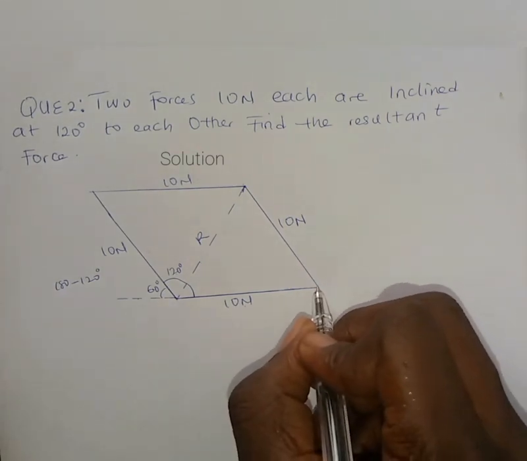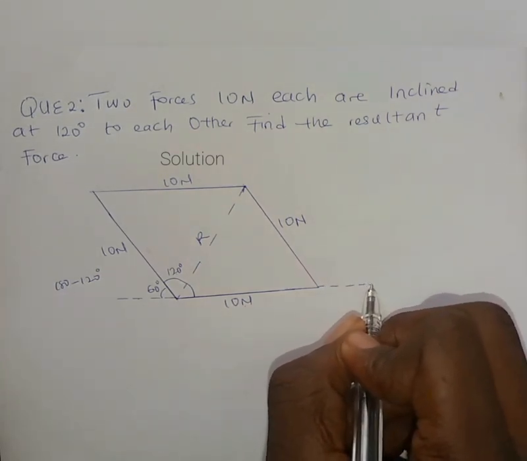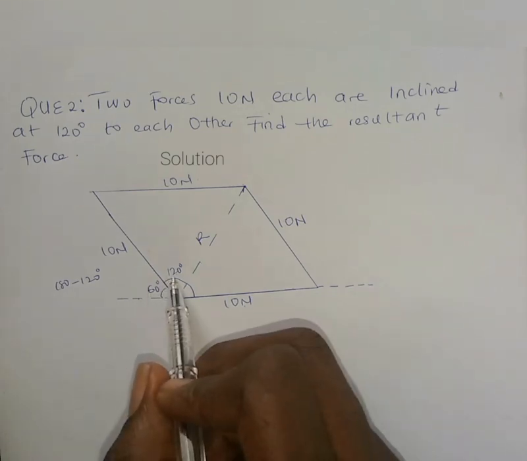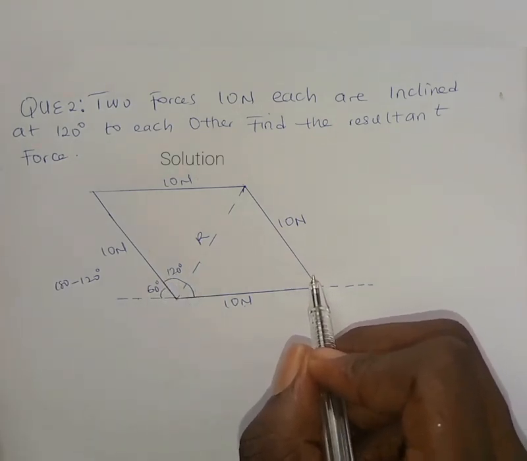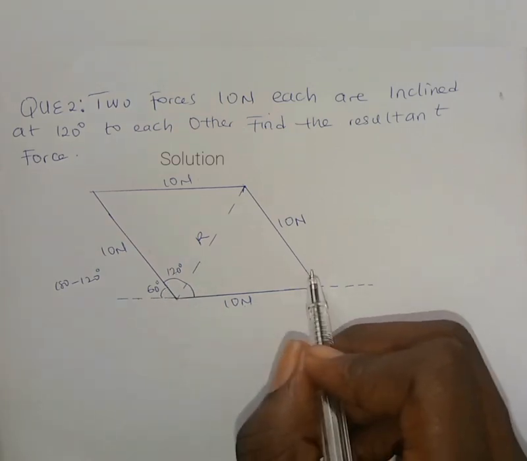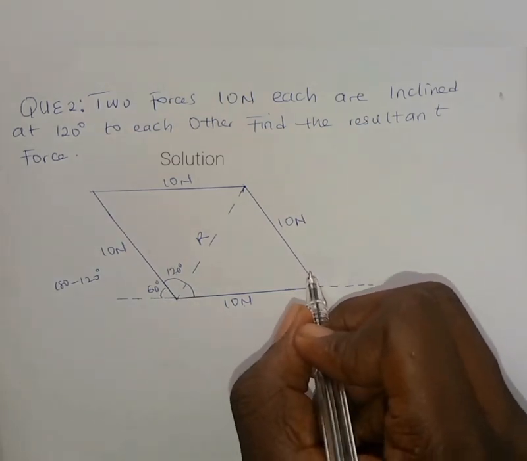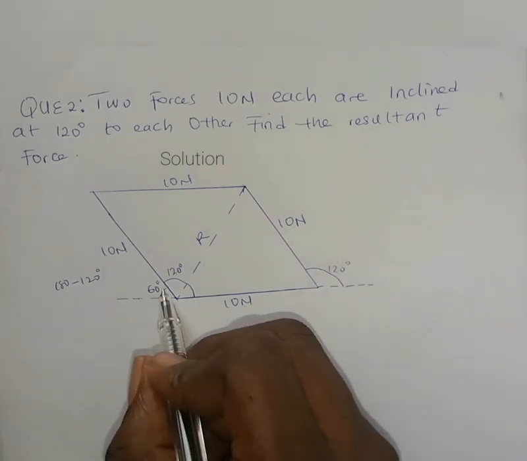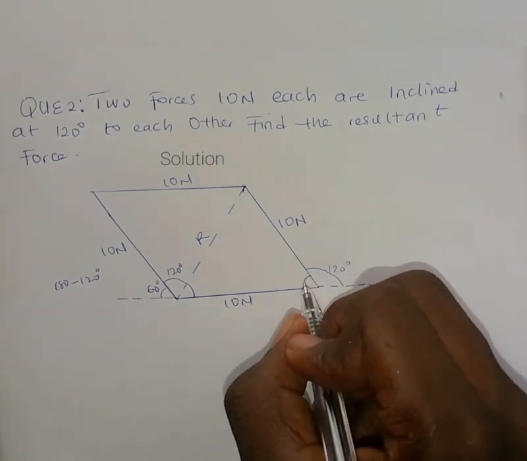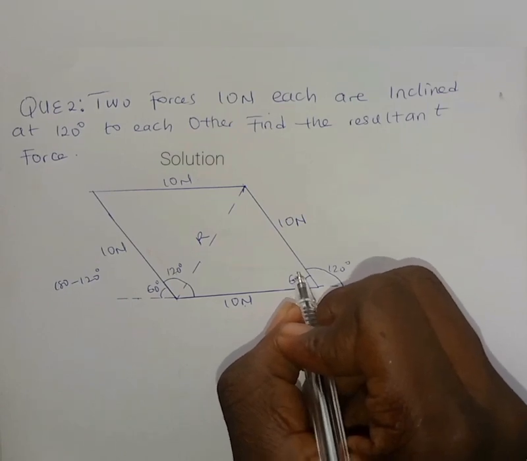Now let's complete this side too with an imaginary line. This side is corresponding to this side, so this side is 120 degrees. And this side is corresponding to this side, so this side is 60 degrees.